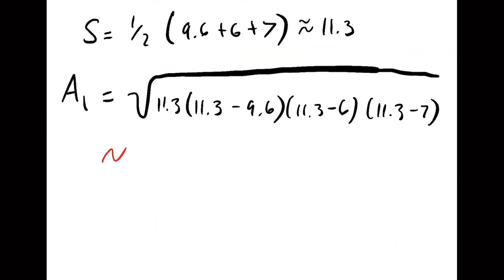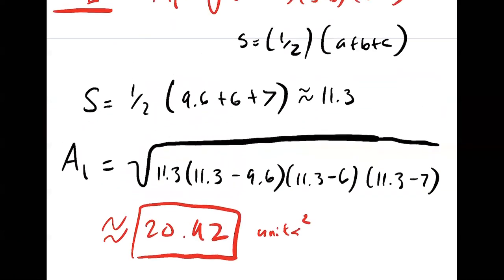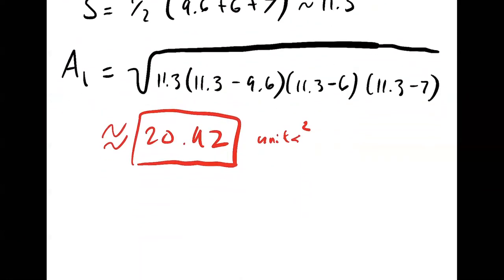Simplifying this, you should get that this is about 20.92, and this is going to be our area 1. This doesn't have any units, but if it did, it'd be whatever the units were, squared. Okay, so we're done with area 1.